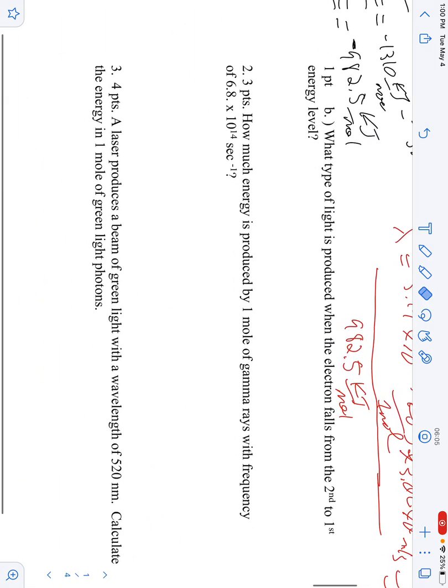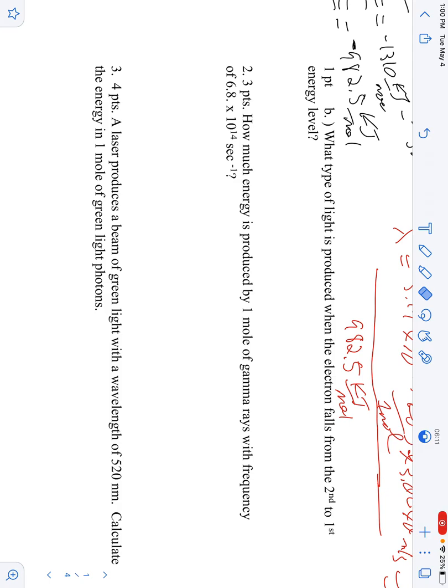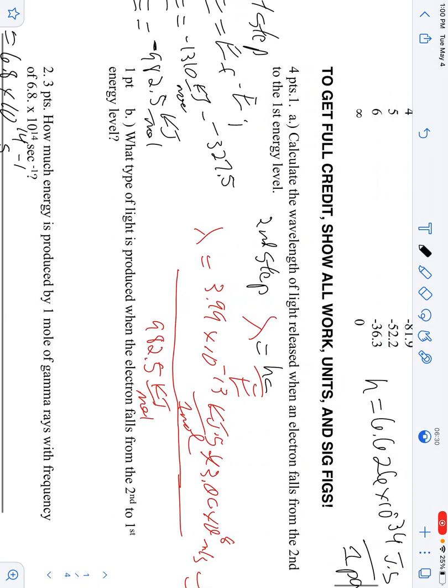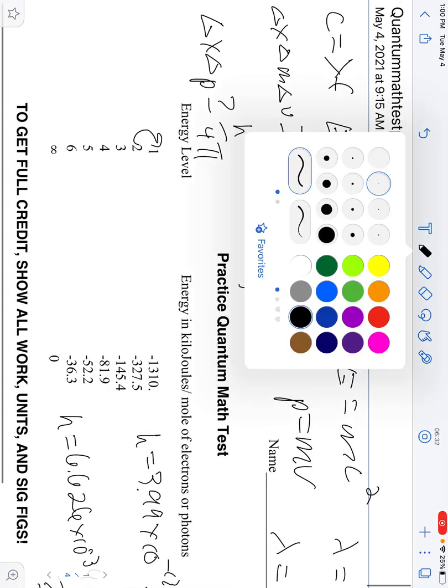All right, how much energy is produced by 1 mole of gamma rays with a frequency of 6.8? So I've got my frequency. I'll calculate my energy. Now there's only one equation that's got E and f in it, and it's right here.